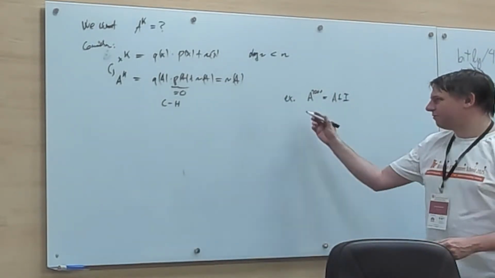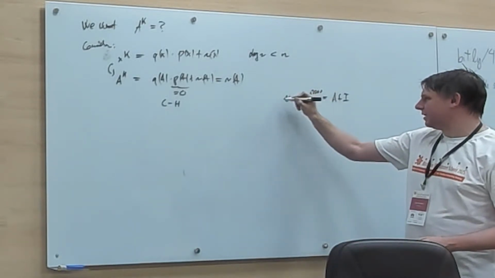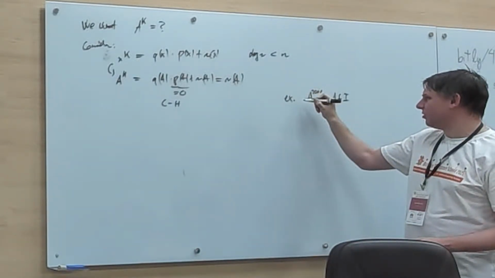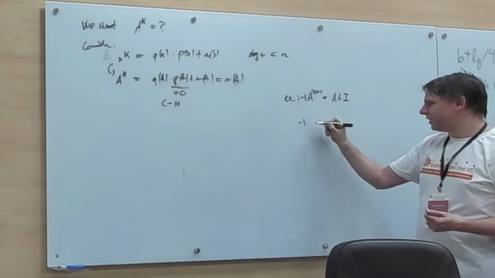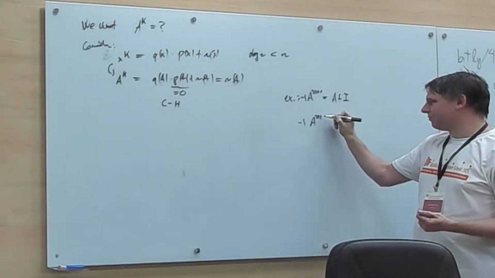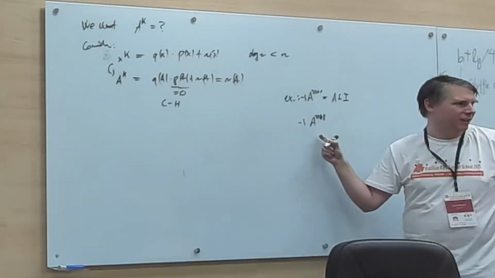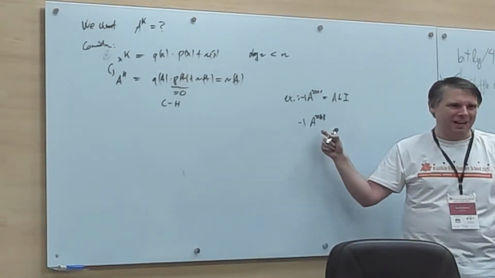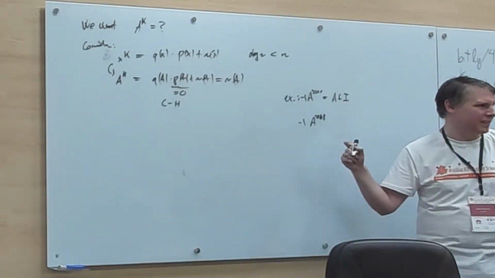So for example, if your algorithm at some point reaches A to the power of 2048, if you do the binary exponentiation, you will encounter this.